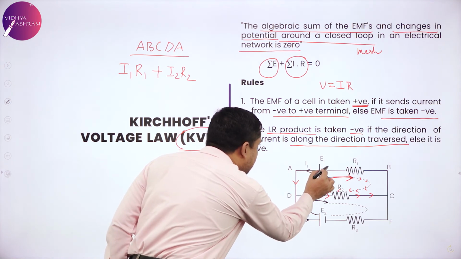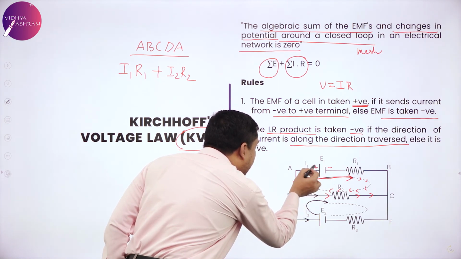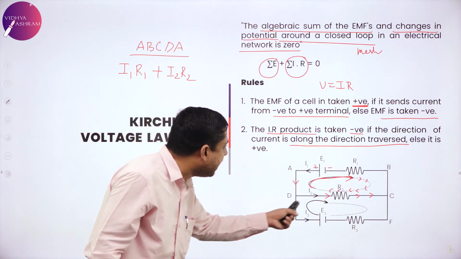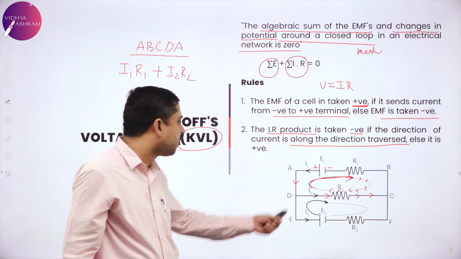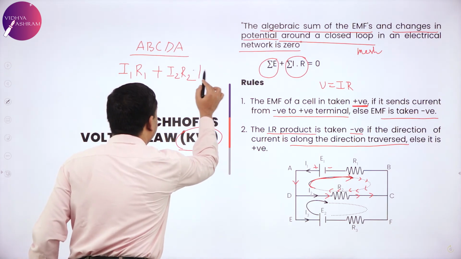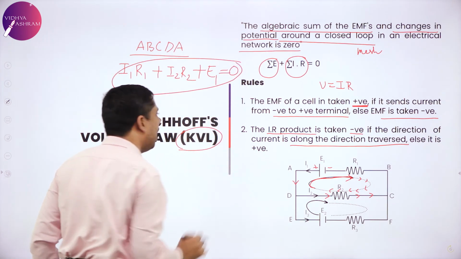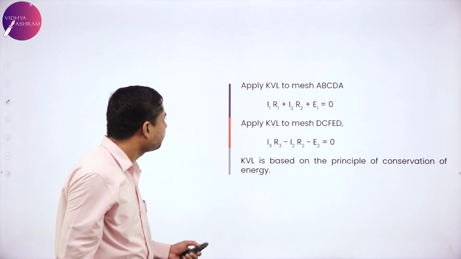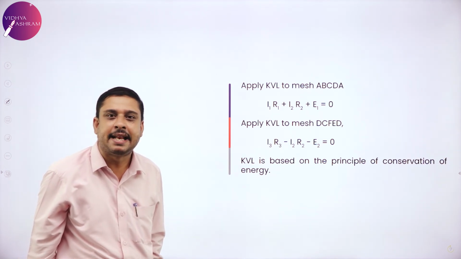Don't observe the entire network, just the E1 terminals of the cell. Current flows from negative to positive terminal. Therefore, EMF is positive, and this sum should be 0 according to KVL. Similarly, you will analyze the second part of the mesh as an assignment.